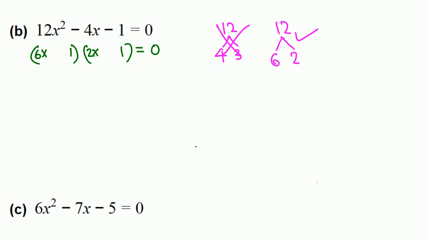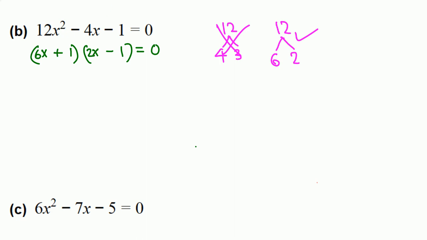First, 6x times 2x is 12x squared, that's good. Last, 1 times 1 is good. We need to worry about the middle term. To get negative 4x, 6x times 1 is 6x and 2x times 1 is 2x, and to get negative, we have to make this negative 1 and positive 1.